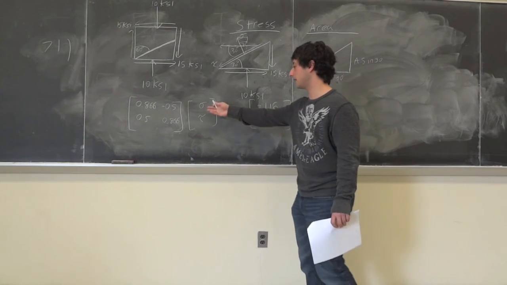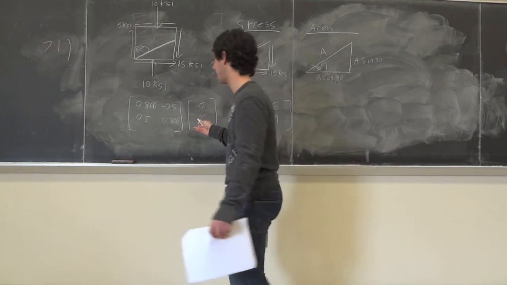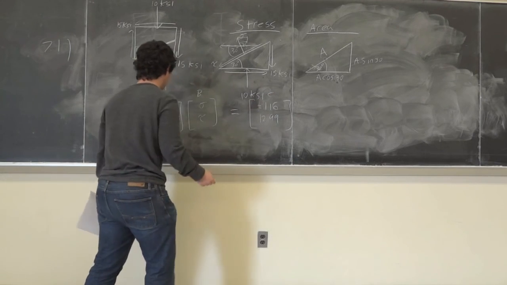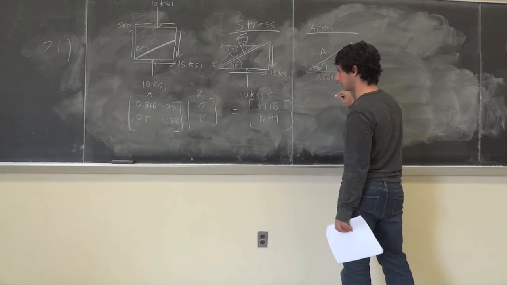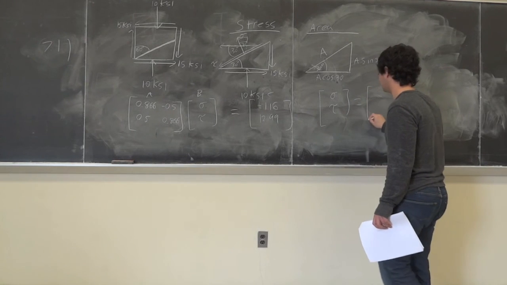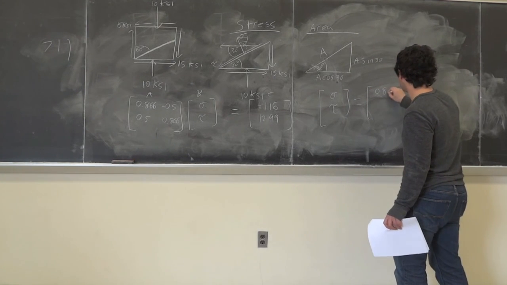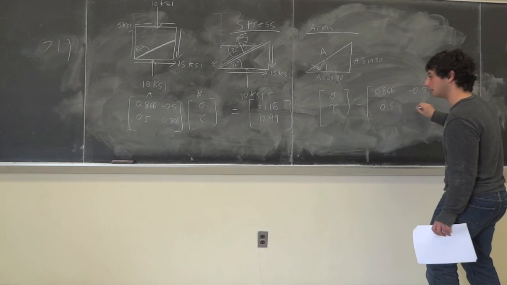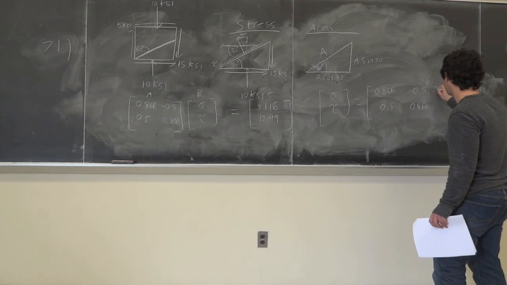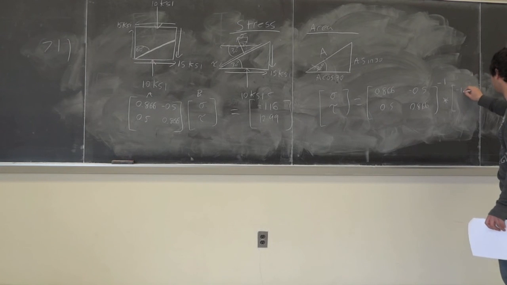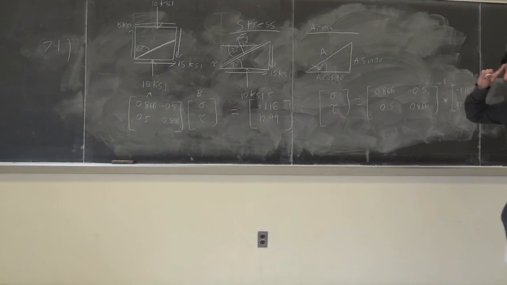I'll call this A, B, and this is matrix C. So if you want to find sigma and tau, sigma tau is equal to the inverse of A, which is 0.866, minus 0.5, 0.5, 0.866, multiplied by matrix C, which is minus 1.16 and 12.99. You've probably seen this somewhere.